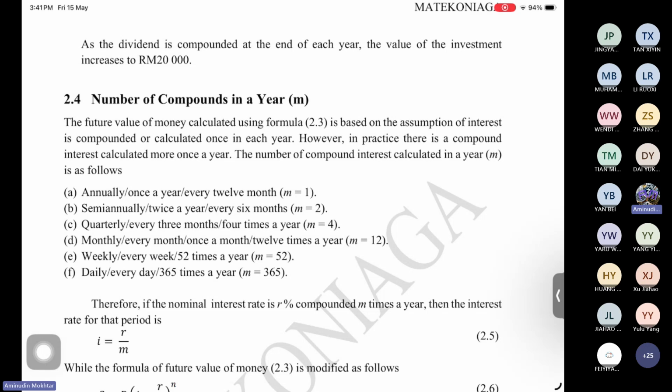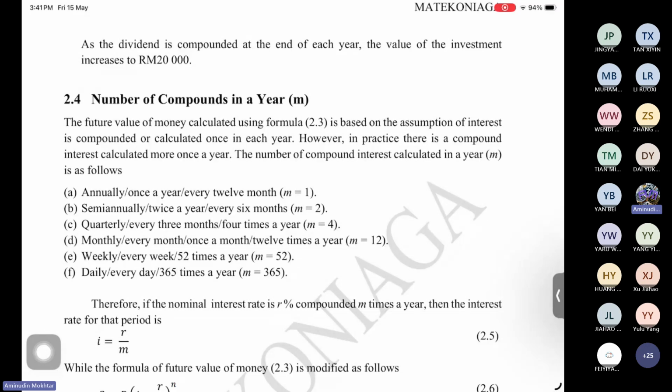Okay, basically if you refer to formula 2.3, the formula is calculated based on the assumption that the interest rate is compounded or calculated once in each year. Normally, we assume that the interest rate is calculated once per year, only at the end of every year, year 1, year 2, and so on.